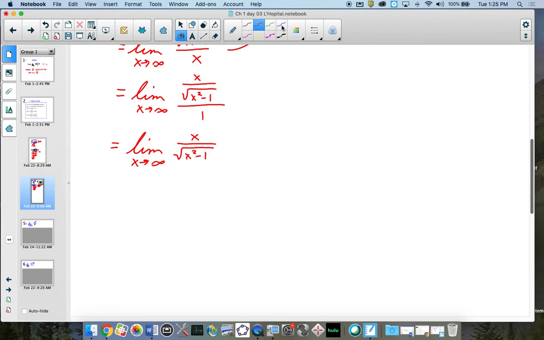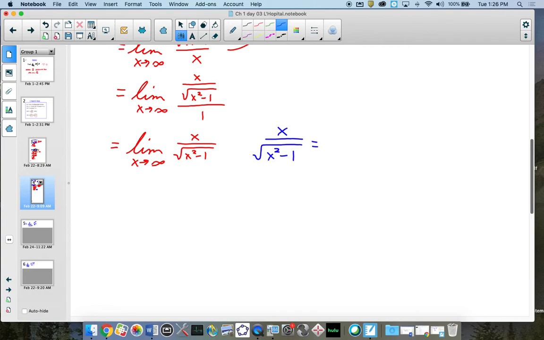So what are the other alternatives to solving a problem like this? Well, as I've talked about, you can try factoring, you can try multiplying by conjugates, you can try some algebraic manipulation. In this case, how about if we try to simplify or rewrite the denominator a little differently? So let's look at x over the square root of x squared minus 1.